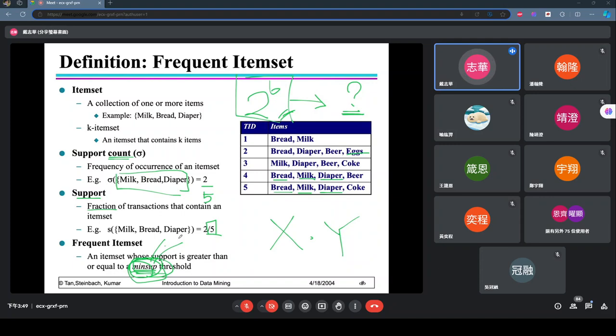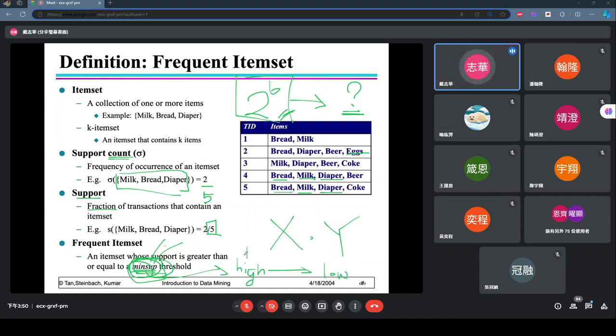So if you guys do your proposal, I mean, when you do your project, and you do the mining task, I would suggest you try a support from a higher value. You begin from a higher value to see how many patterns you discover, and then gradually lower it to a lower value. This is my suggestion.